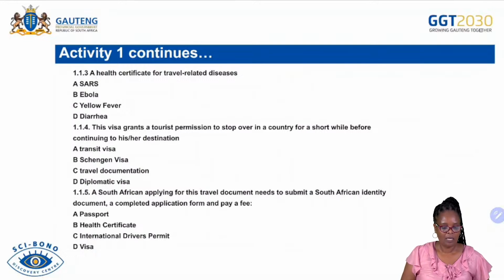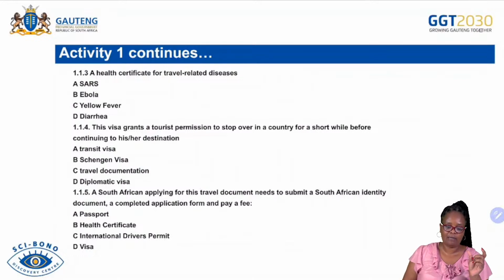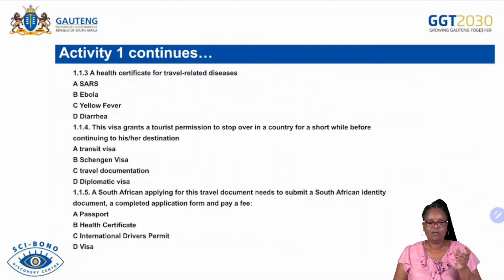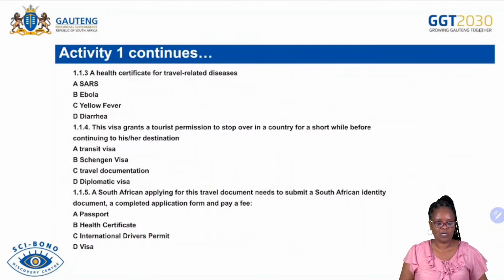So it's number C. 1.1.4, this visa grants a tourist permission to stop over in a country for a short while before continuing to his or her destination. Number A, transit visa. B, Schengen visa. C, travel documentation. D, diplomatic visa. We know it's a transit visa. You stop over in a country for a short while you are waiting for your connecting flight. That's what we talked about.